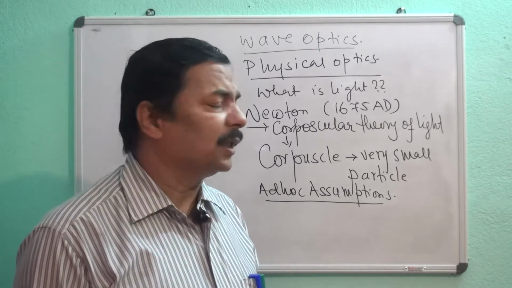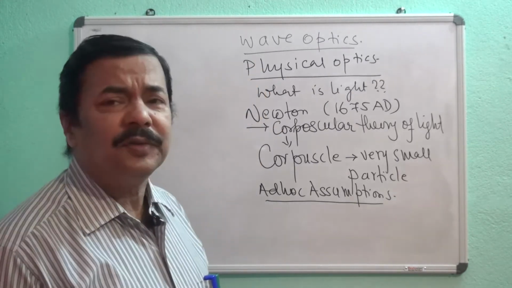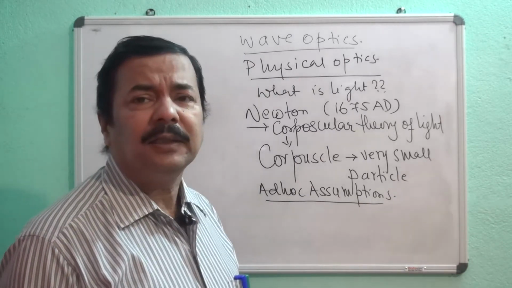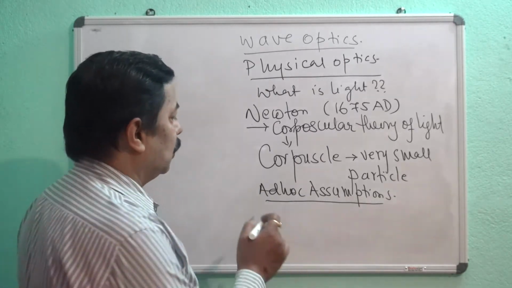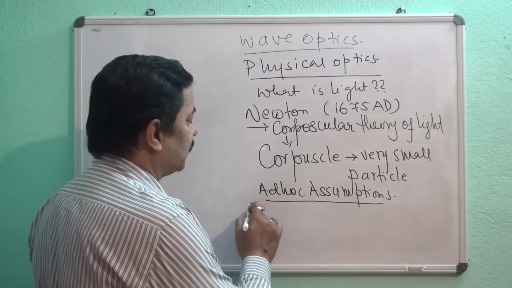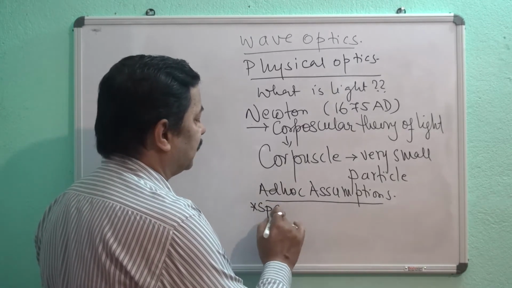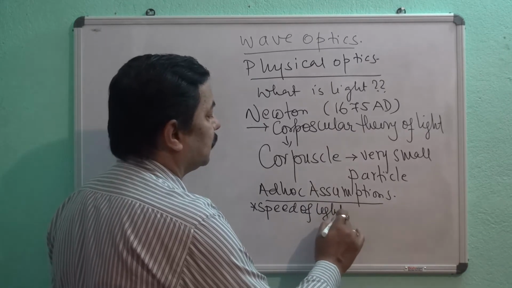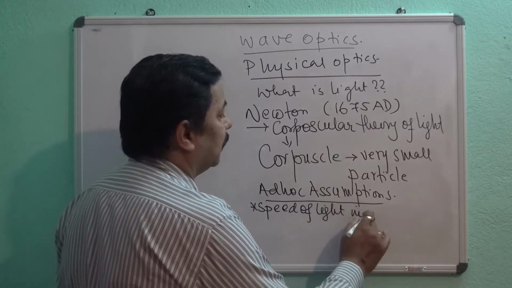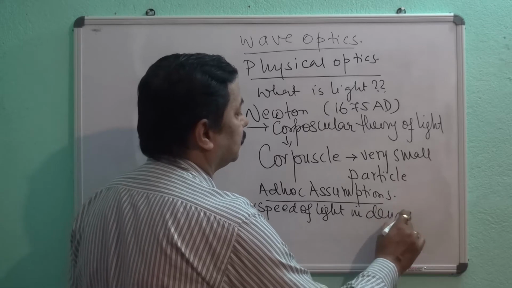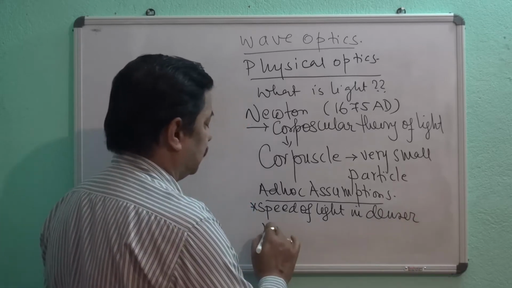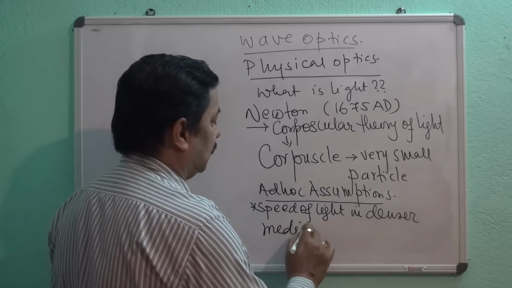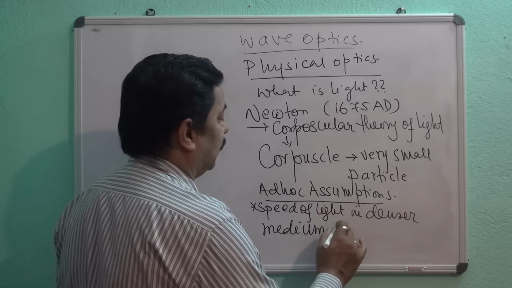In those ad hoc assumptions, he supposed that the speed of light in a denser medium is more. So the first ad hoc assumption was that the speed of light in a denser medium is more.